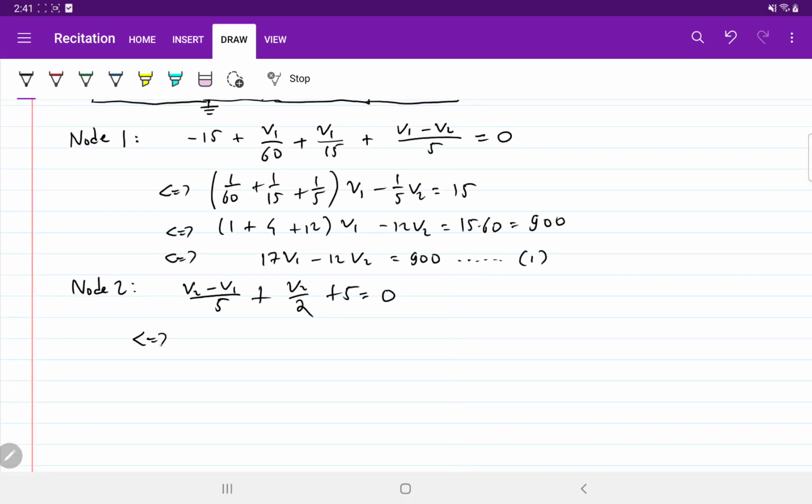Okay, again let's simplify it. We have minus 1/5 V1 plus (1/5 plus 1/2) V2 is minus 5.